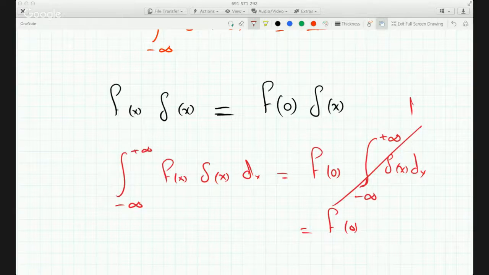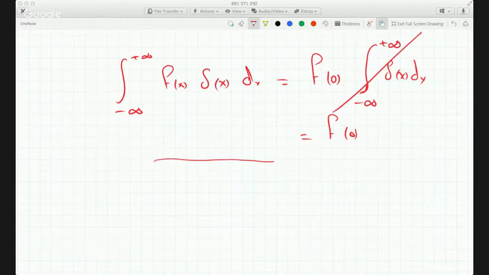Now the other component of this, I could change the domain of the Dirac delta function. So I could go a little bit to the right of it, a little bit to the left of it.